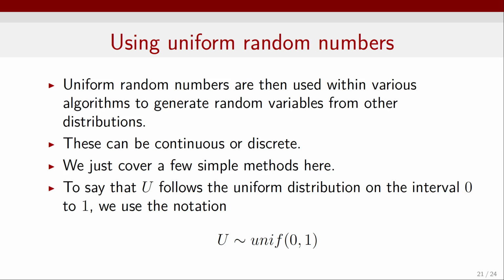Now, to say that U, capital U, follows the uniform distribution on the interval 0 to 1, we are going to use this notation. U tilde unif and then the interval 0 to 1. So that means U follows the uniform distribution on the interval from 0 to 1.